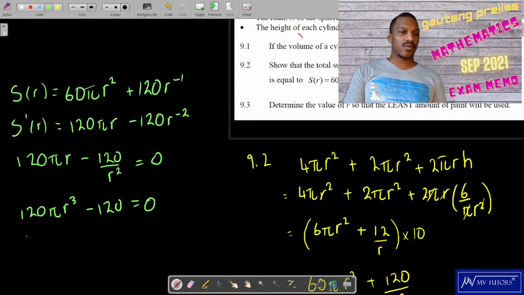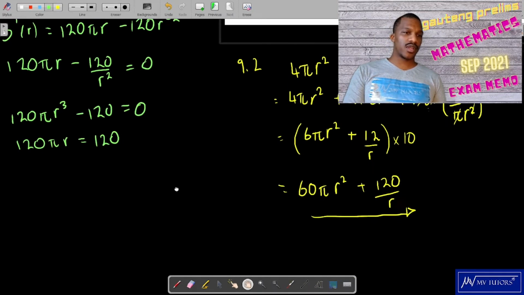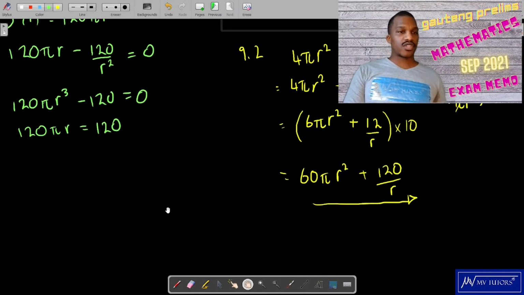So if I take 120 to the other side, then what I'm going to be left with is, if I want r, divide both sides by 120 pi.